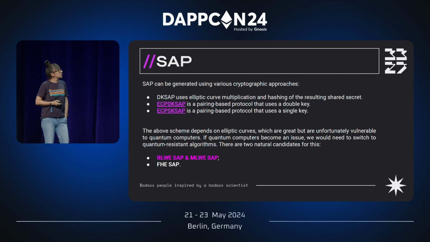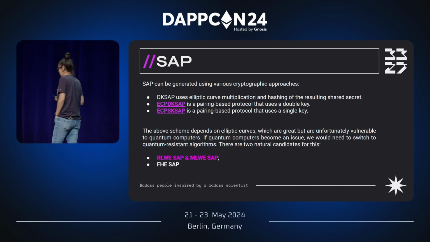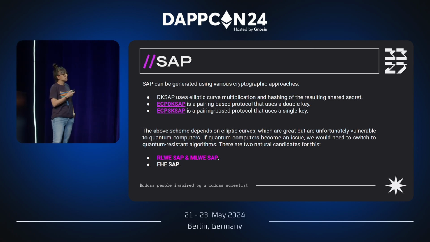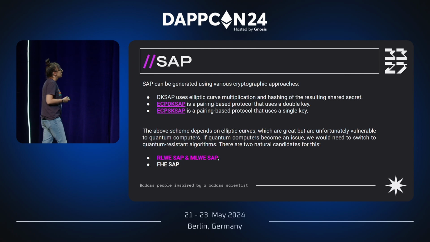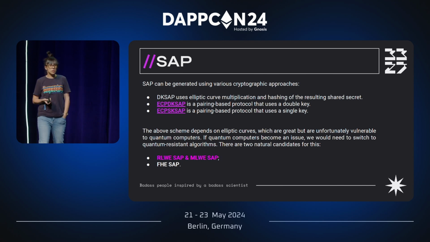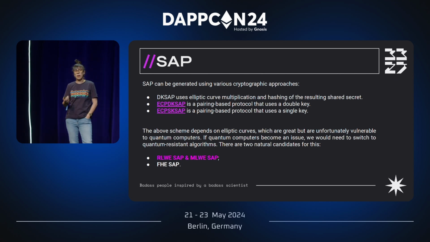And as we already mentioned, there are different ways to achieve this and obtain a stealth address protocol. This was one way. This is the Diffie-Hellman method that includes multiplication on elliptic curve and hashing. But for example, here, my friend Mihailo and I created 2 new protocols using elliptic curve pairing instead of calculation of the shared key as a result of multiplying a scalar and a point on elliptic curve.